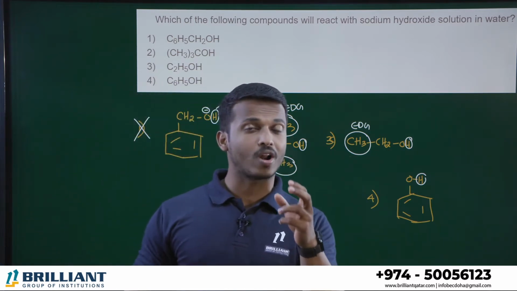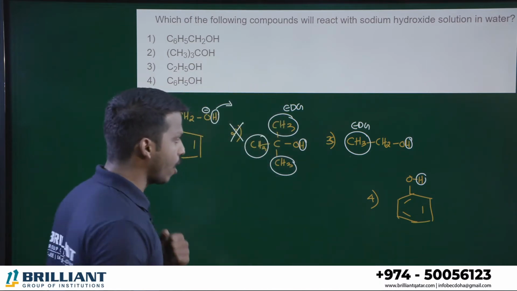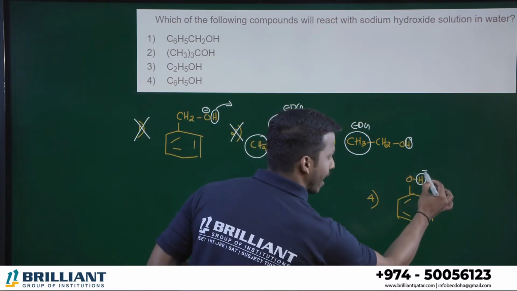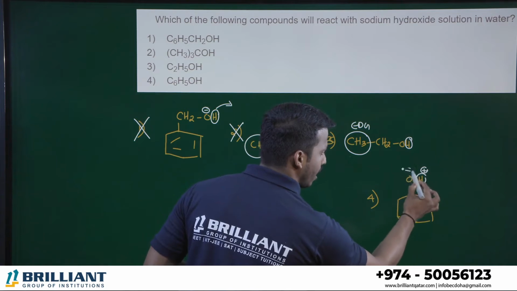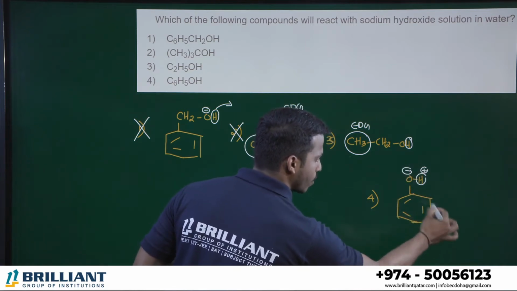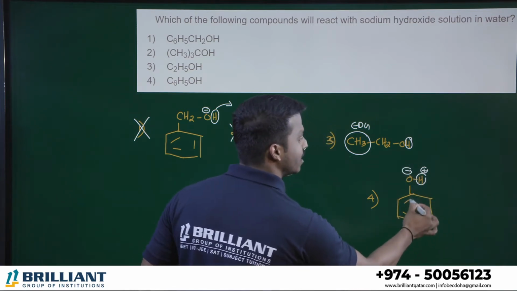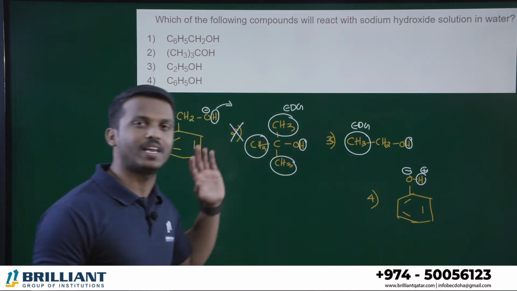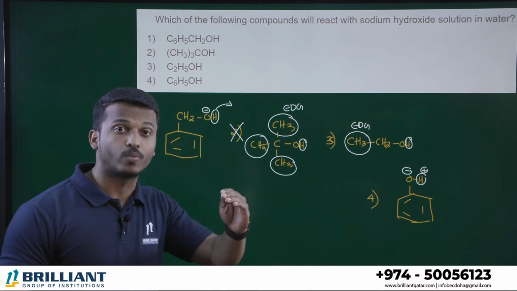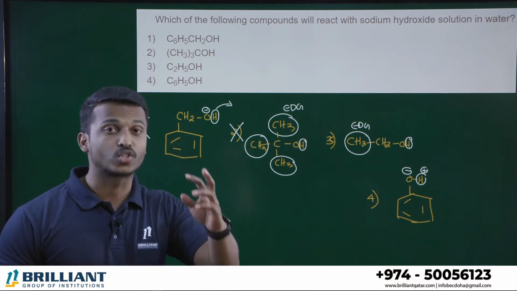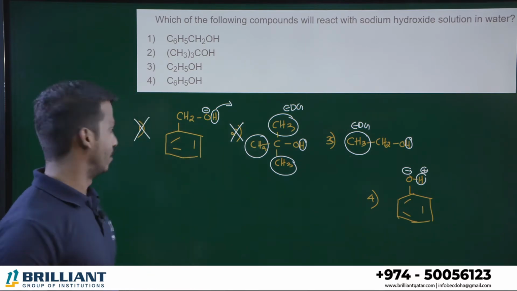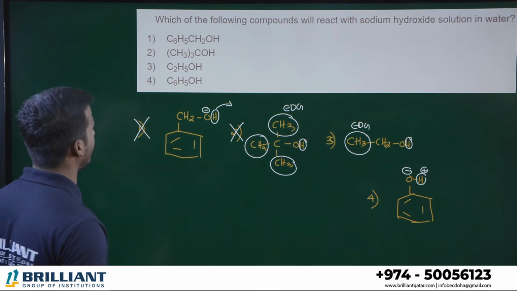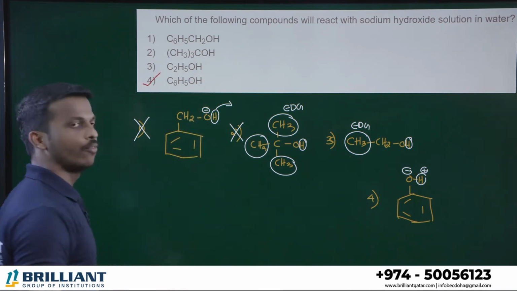Phenol is more acidic in nature, because when this hydrogen leaves as H plus ion, the remaining species is the phenoxide ion. It is highly stable due to resonance. So the highly acidic one can react with sodium metal or sodium hydroxide faster. Let's go with option 4, phenol.